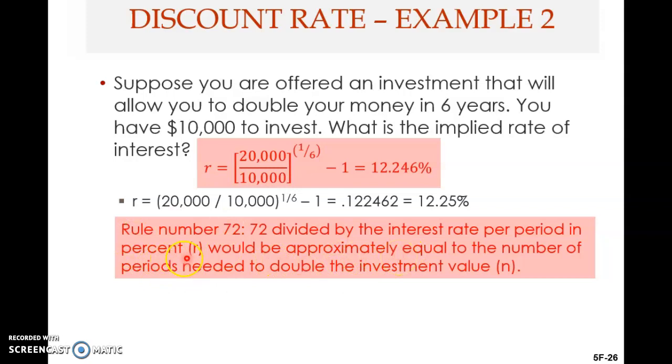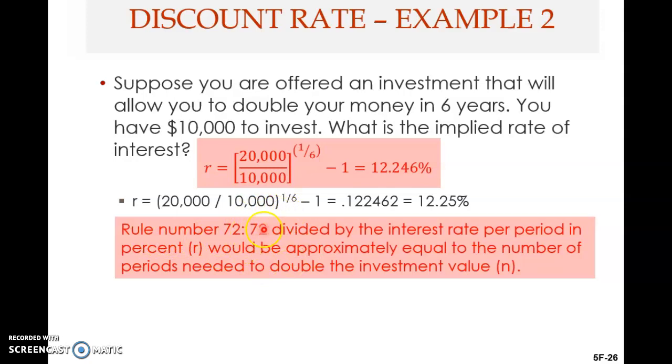Okay, let's try this. Why can we use this rule number 72? Because here you double 10,000, you increase it to 20,000, twice the value. So when that happens, then you can use this rule number 72, even though it's an approximation. Alright, so rule number 72 works this way.